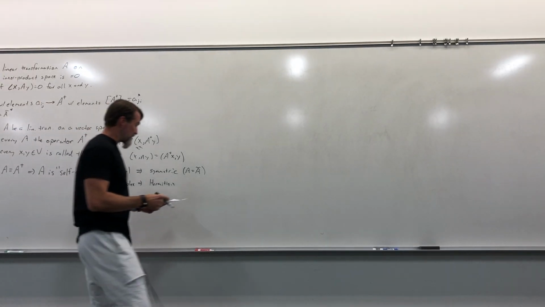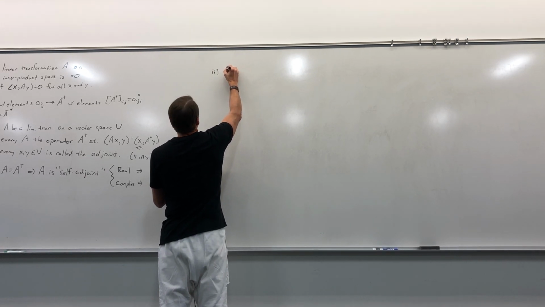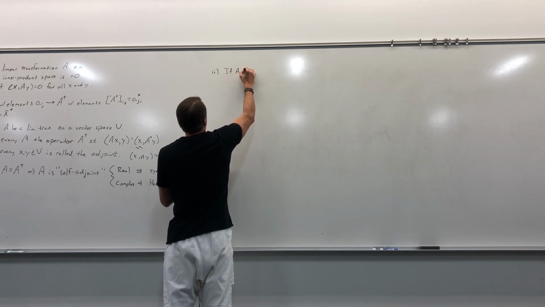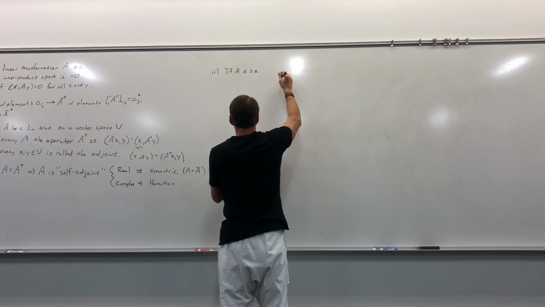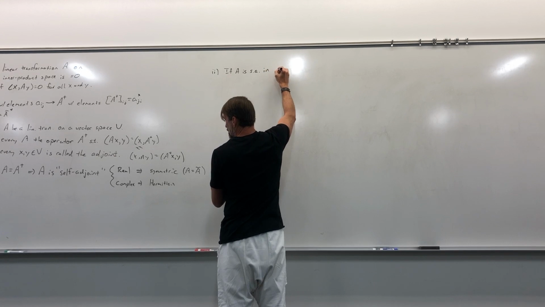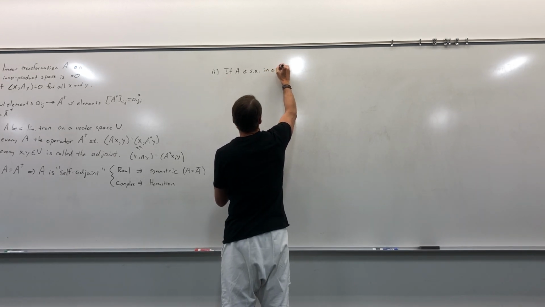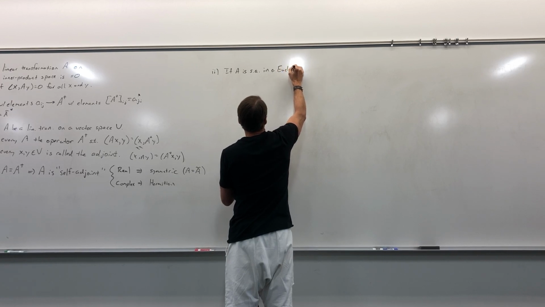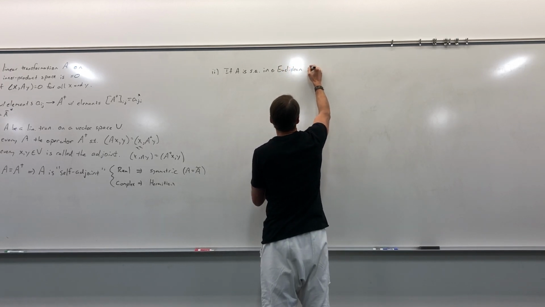And now let me propose version 2. If A is self-adjoint, in a Euclidean inner product space.